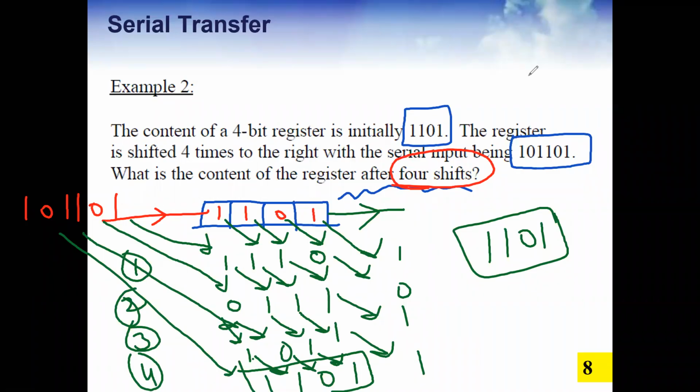I am just writing the update with every clock. I need to know the status after 4 shifts, so after 4 shifts, this is the status. This is my answer. It stops on the fourth number, not going until the sixth number.